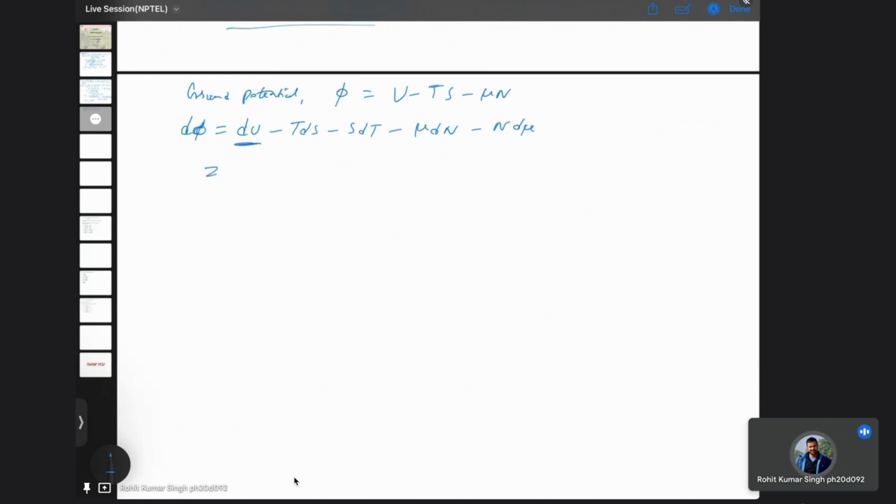So dU is equal to TdS minus PdV plus mu dN, and then minus TdS minus SdT minus mu dN minus N d mu.